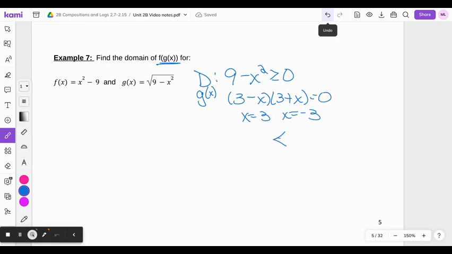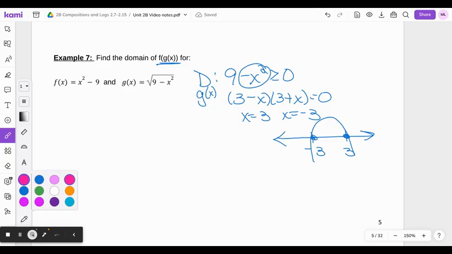So now we're going back to a quadratic inequality. This is a quadratic that would open down because it has a negative leading coefficient. So I want to know where it is greater than or equal to 0. That's in between these roots. So from -3 to 3 would be the domain of g.